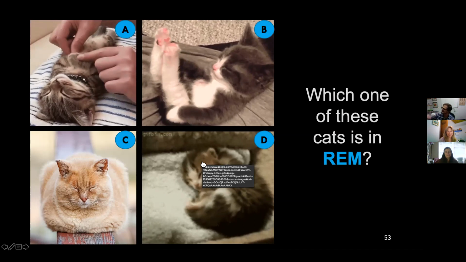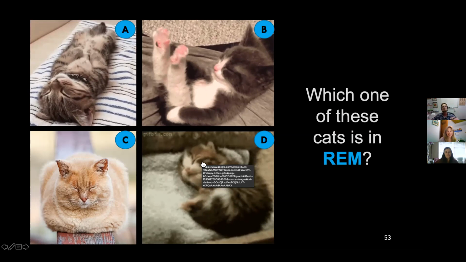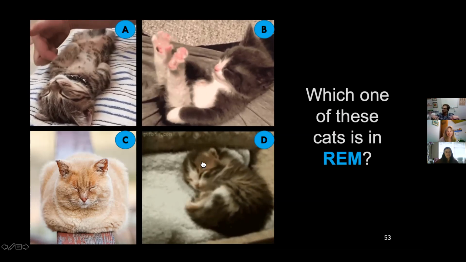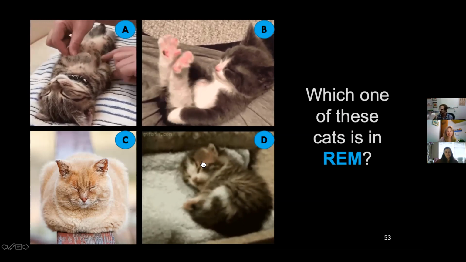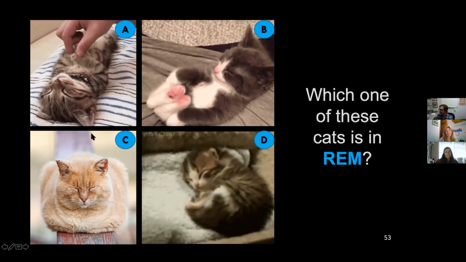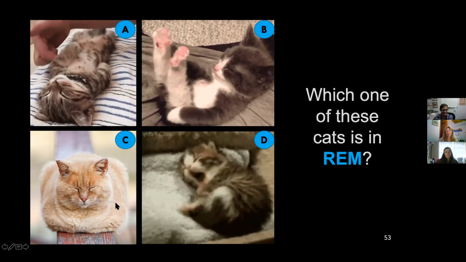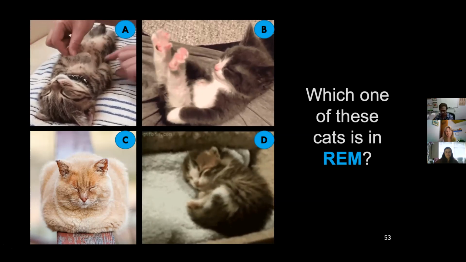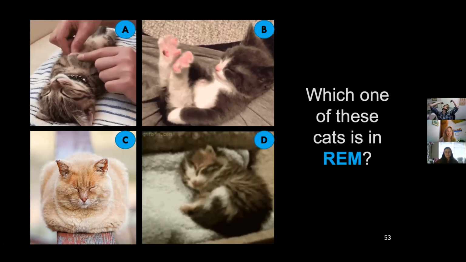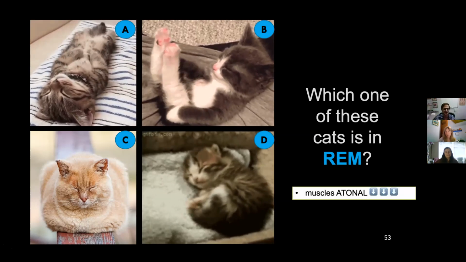In B and D, the cats are moving around with their large muscles, and you don't stretch with your large muscles when you're in REM sleep. You'll usually do that in slow wave sleep. And in slow wave sleep, you have muscle tone. So the kitty in C is definitely in slow wave sleep. So you can see when your kitty is just flopped out, and know that it is having some kitty dreams because you're atonal.